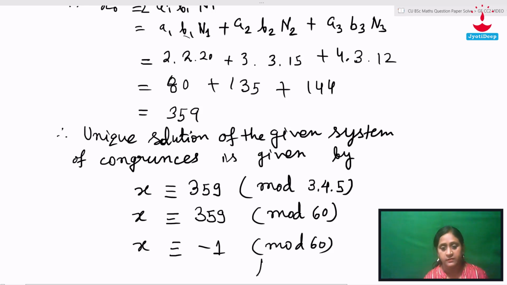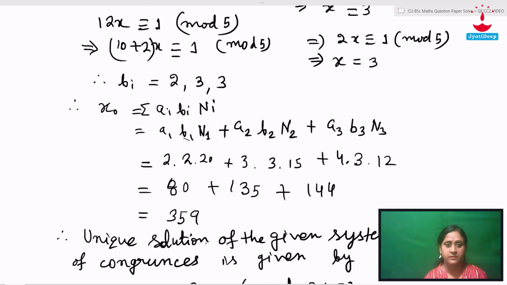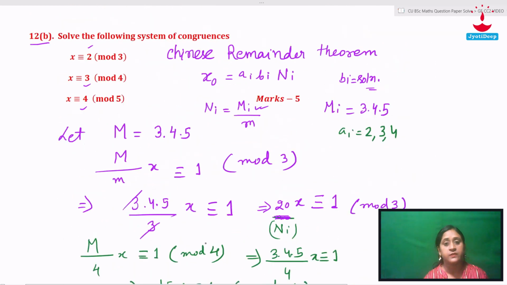This is our answer. Okay. How have we written this? 6 6s are 36, that is 360. So it will give a minus 1, right? Okay, understood?